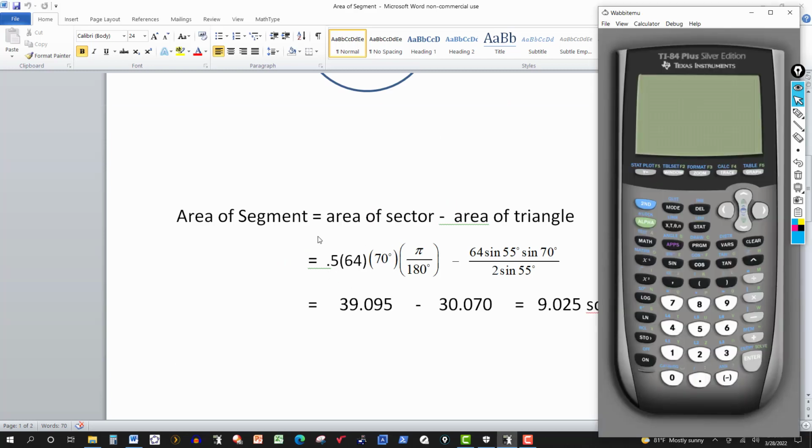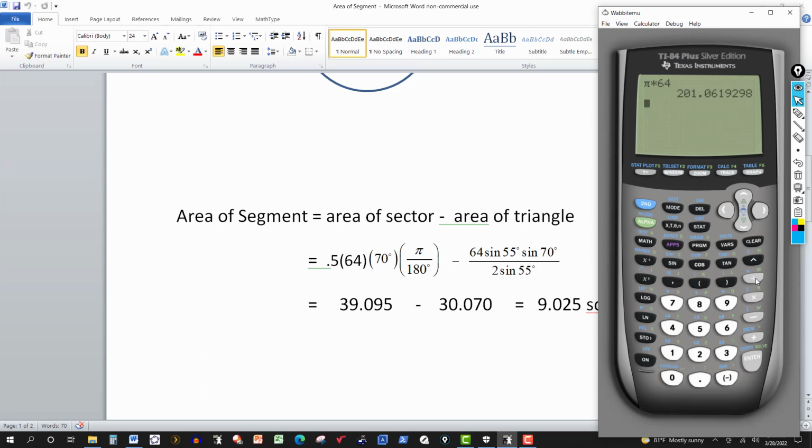I found the area of the sector by leaving 70 degrees as is, and just saying, well, the area of the circle would be pi times r squared. So this would be radius squared, 64, times pi, and that would be the area of the circle. And then I would multiply that by 70 over 360, the portion that I want.